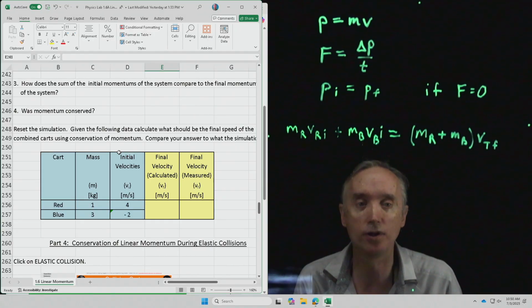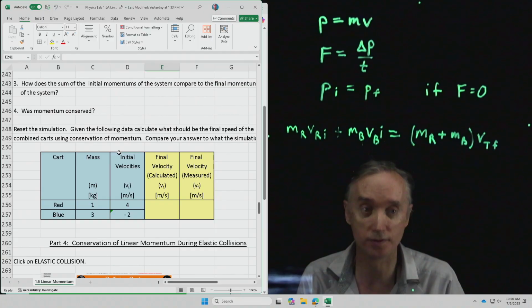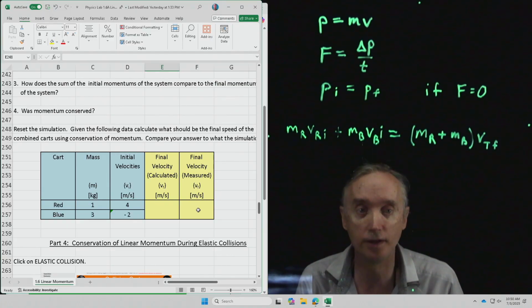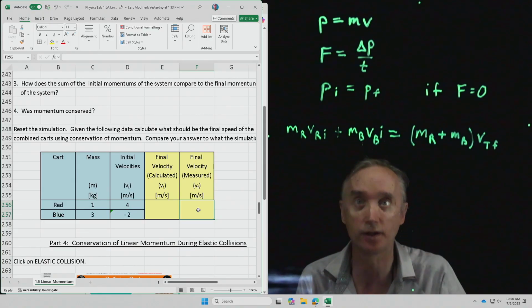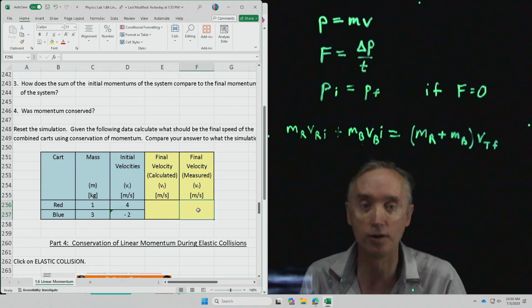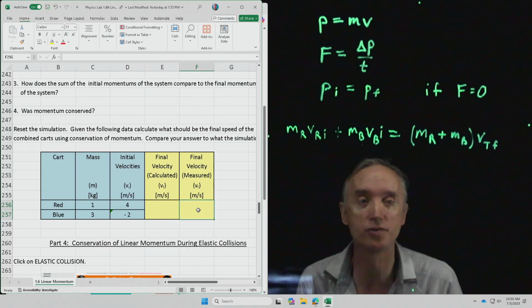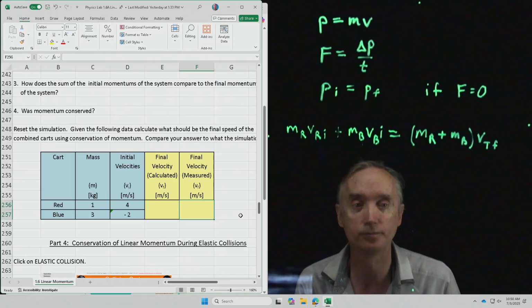And then you're going to actually watch the simulation and put that number here, and then hopefully the two numbers will be the same. So you're going to calculate it, and then you're going to do it on the simulation and then observe what the final speed was.